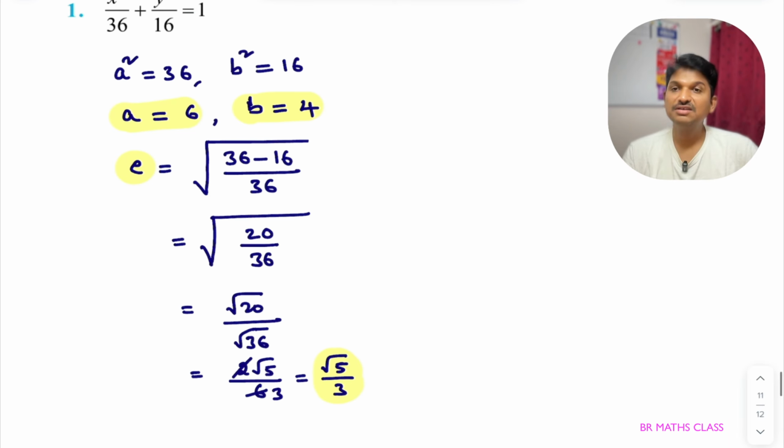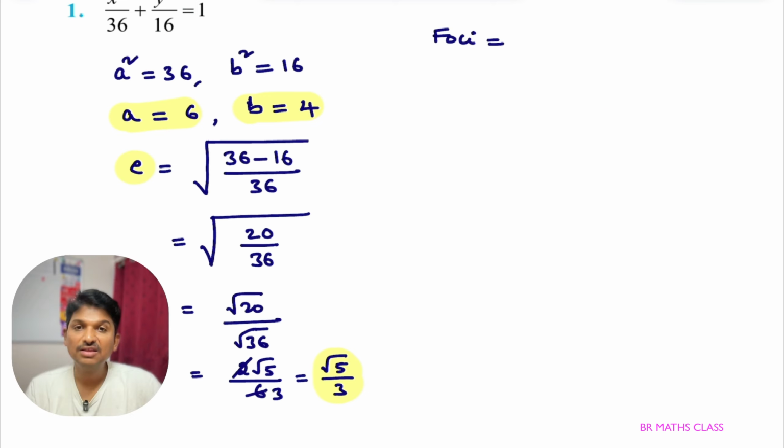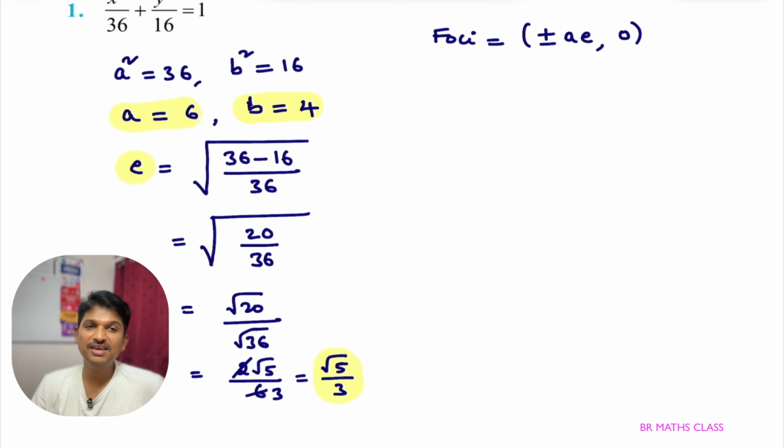First, we'll find foci and vertices. Foci. This is first type of ellipse. In first type of ellipse, foci formula is what? You need to know these things. You need to know these formulas. In first type, foci formula is plus or minus ae comma 0. You already know a value.